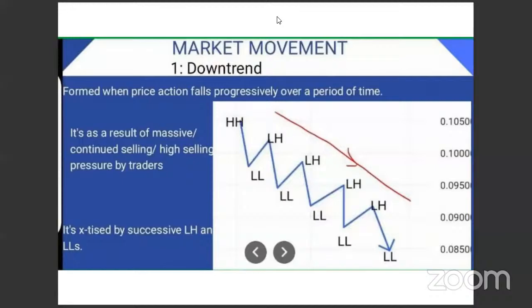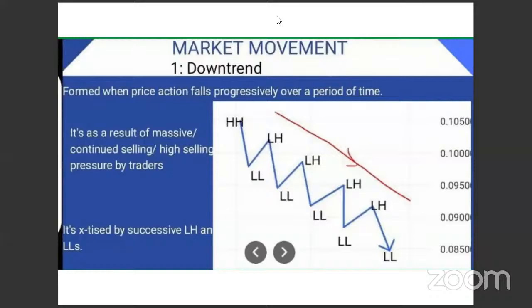Massive continued selling or high selling pressure by traders. When traders take control of the market, when traders decide to rule the game of the day by deciding to sell their crypto assets, then, ladies and gentlemen, you will notice that there will be a progressive downward movement of the market.